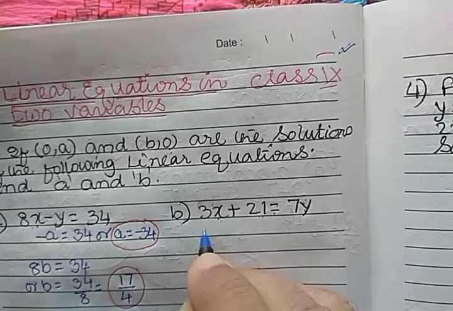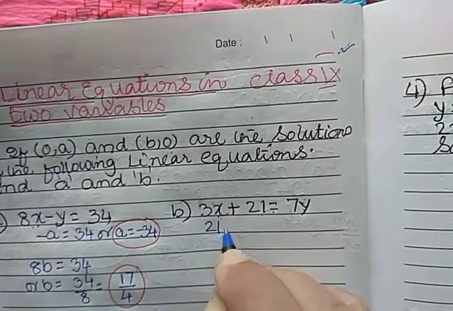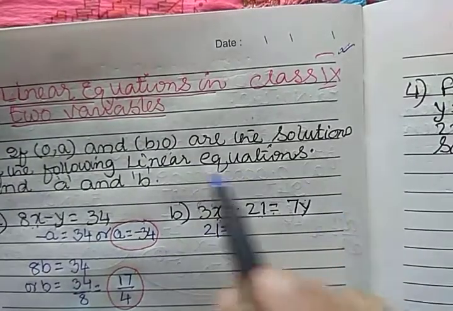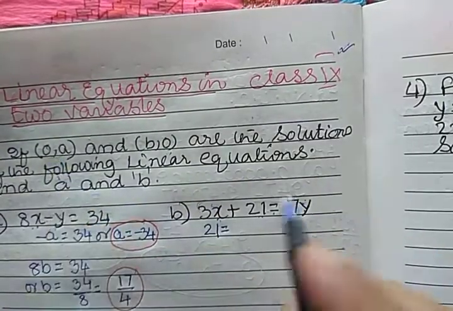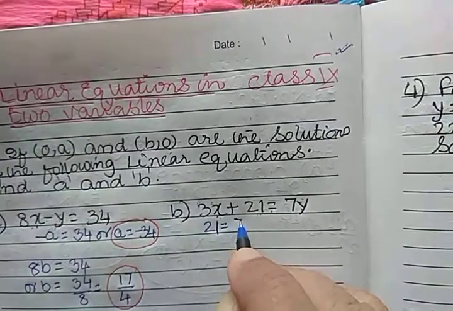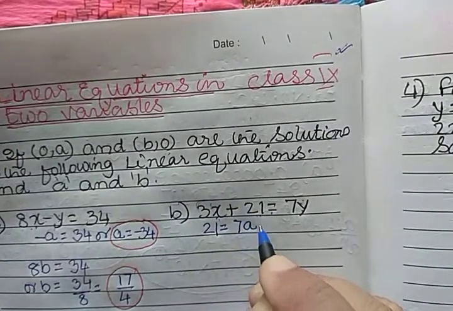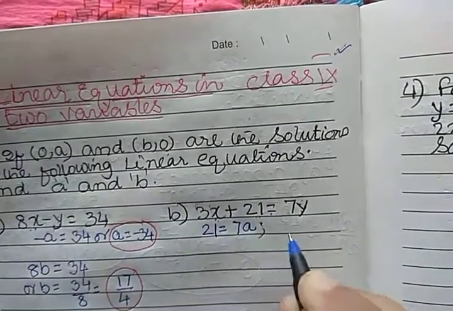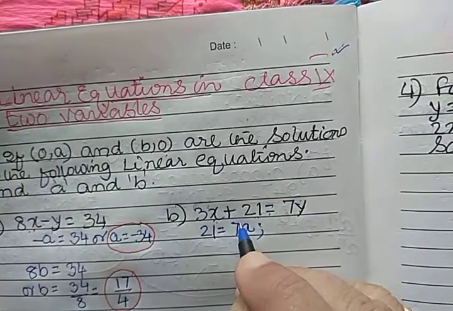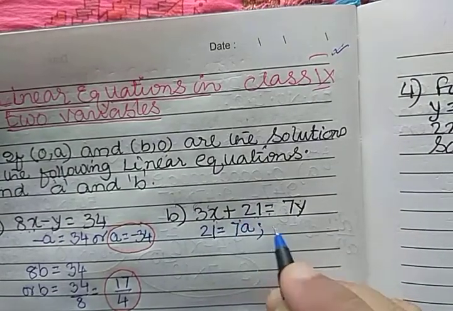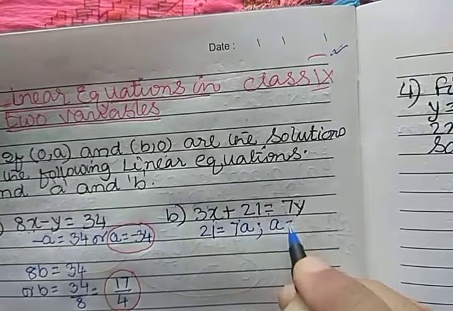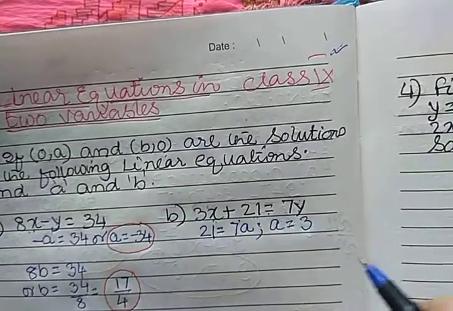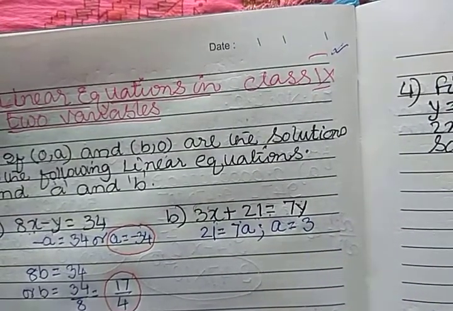That means 21 is equal to 7a, or a is equal to 21 by 7, which is 3. So a is equal to 3.